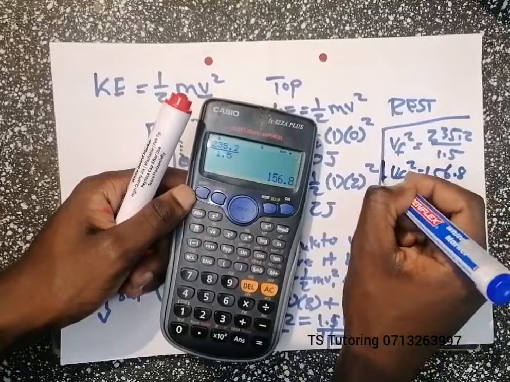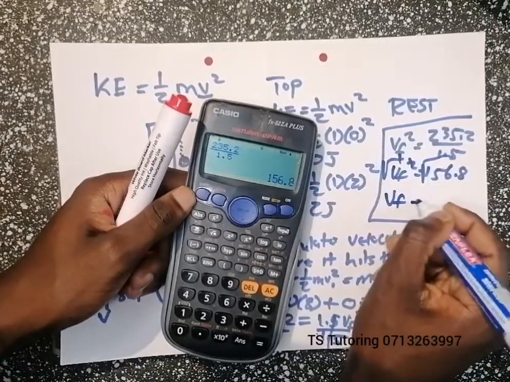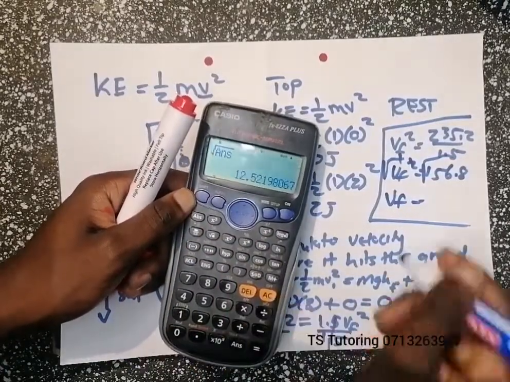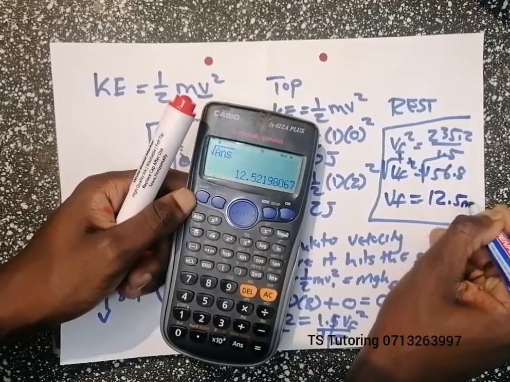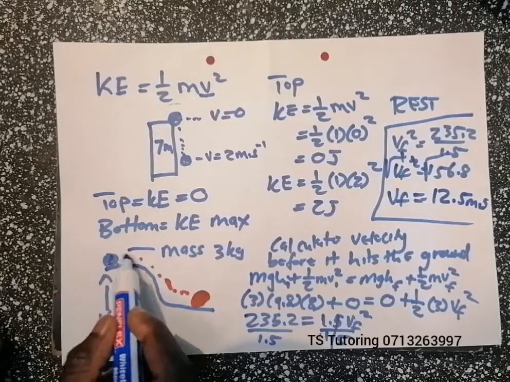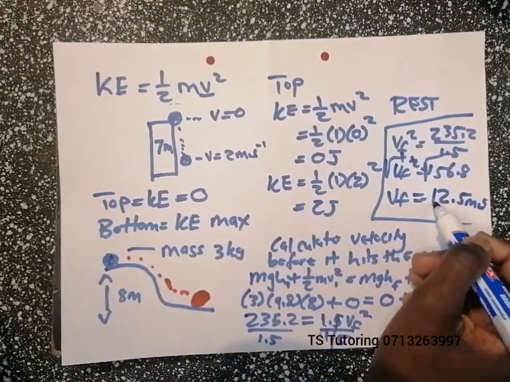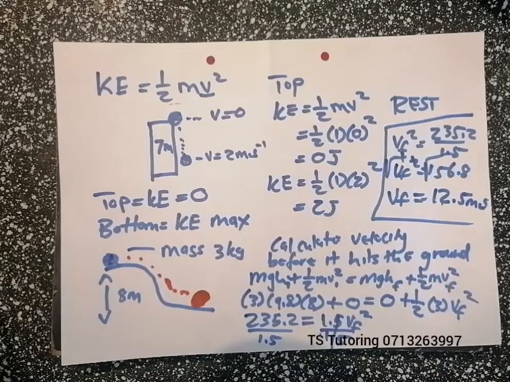Now to get Vf, we take the square root of both sides. So Vf will be the square root of this answer, which is 12,5 meters per second. So by the time the ball rolls from here, before it reaches the bottom, it will be traveling with a speed of 12,5 meters per second. That's how we use conservation of mechanical energy.